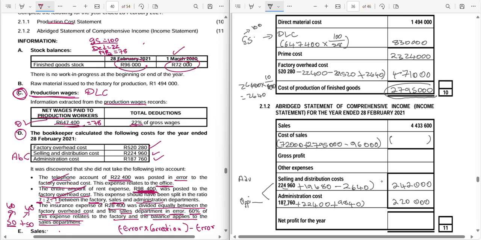So let me do the total expenses. When I add these two, I'm going to get the expenses. It must be in a bracket, 462,000. So how much are we getting? 72,000 plus 2,795,000. How much are you getting? Minus 96,000.